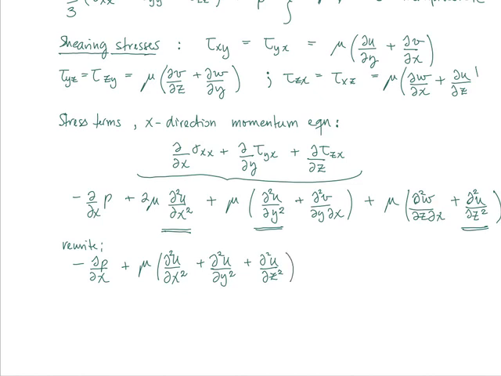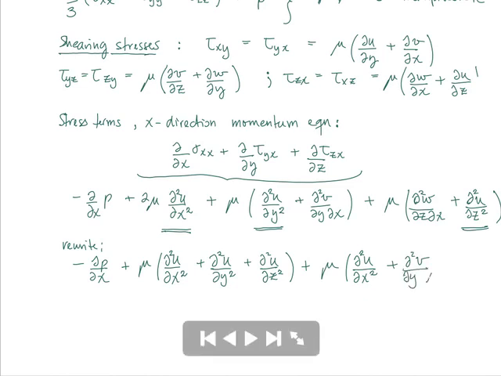The other terms I was left with involve mixed derivatives, but I also have one term left from the one that previously had 2 mu, so that's the second order derivative of u with respect to x, and the mixed derivatives, which are the second order derivative of v with respect to y and x, and of w with respect to z and x.